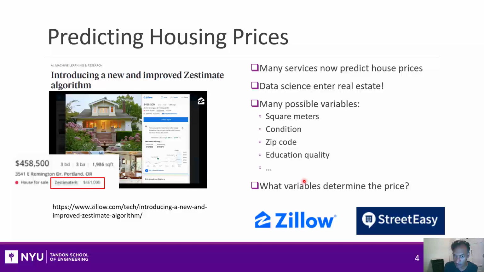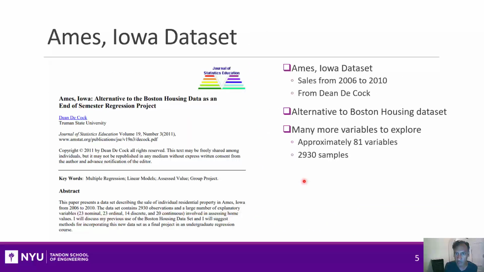To do this, we don't have access to Zillow's entire database. So we're going to use a much simpler database that comes from a great paper by Dean De Cock, which looked at sales in Ames, Iowa for about a 4-year period. If you did Unit 2, you might have seen the very simple classic Boston housing dataset, which is a simple dataset for predicting house prices.